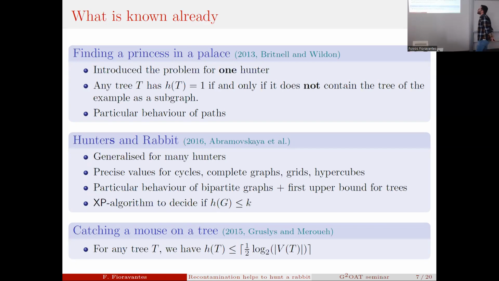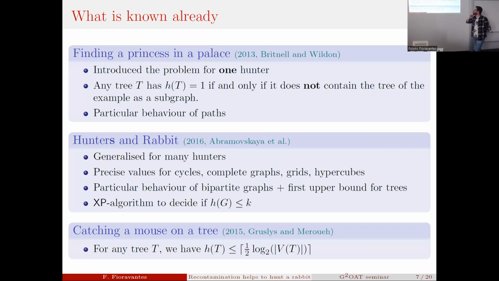They showed that any tree has hunter number 1 if and only if it does not contain the tree that I showed you at the beginning as a subgraph. And they observed this peculiar behavior of paths. The game was then generalized in this paper of Abramovskaya, Fomin, Golovach, and Pilipchuk for many hunters.